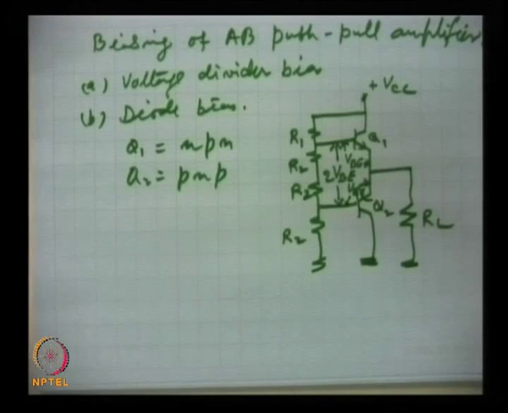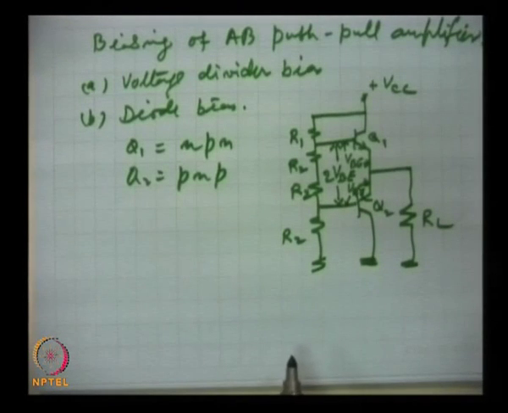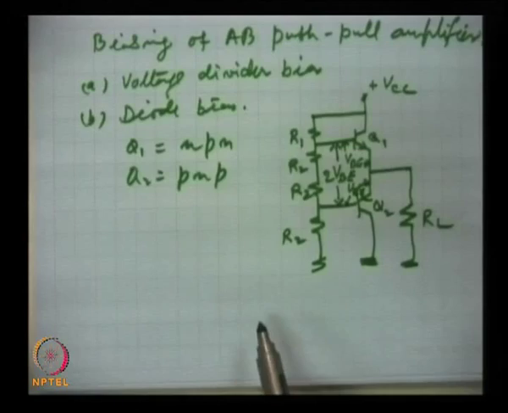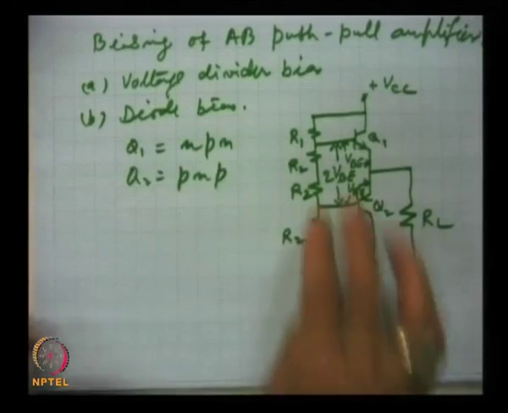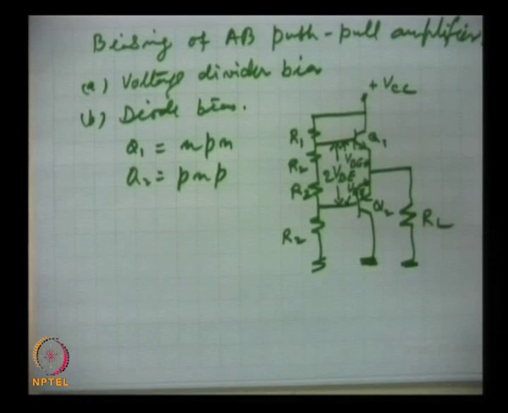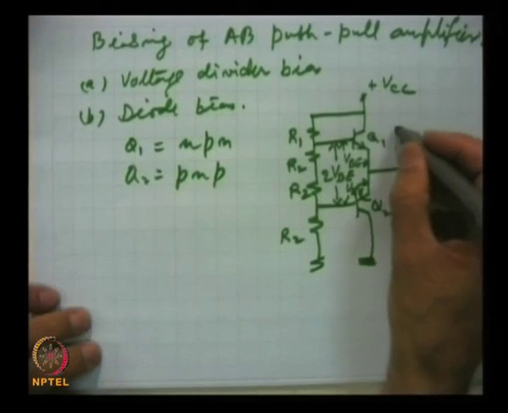This is the push-pull circuit which is very widely used, and for analysis purposes only half of the circuit can be taken because they are symmetric. So, normally half is good enough to be taken into consideration.